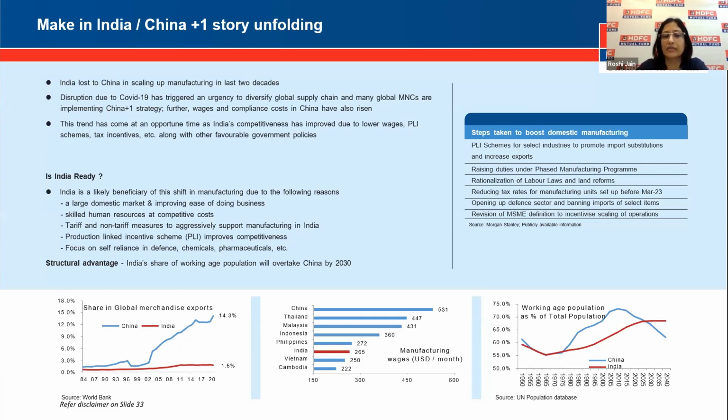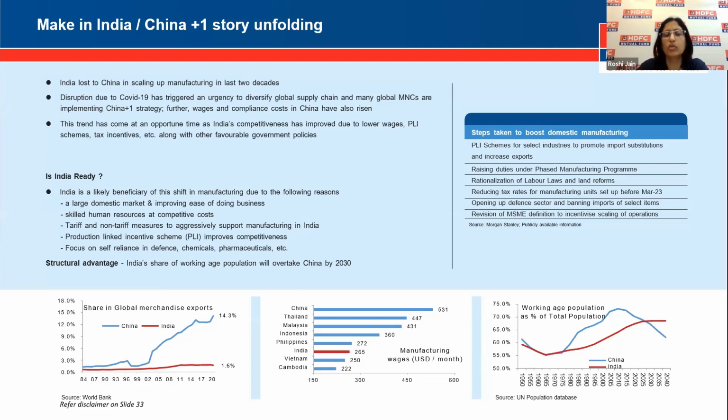If you put that together with the fact that the government is also offering policy benefits for manufacturing in India, it just provides a very favorable landscape for manufacturing intensity to increase.